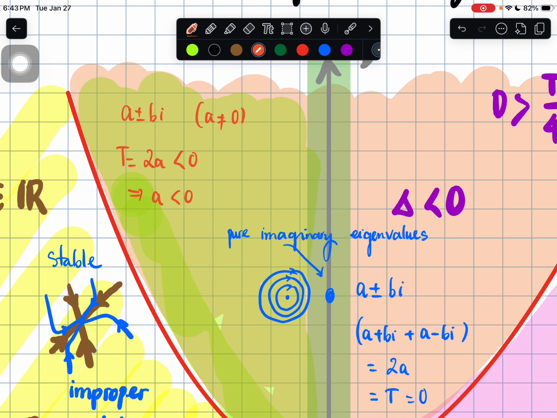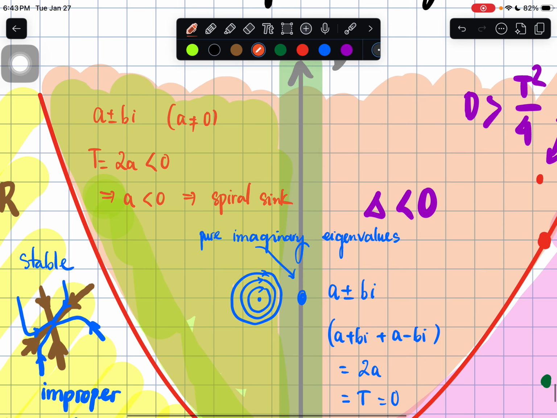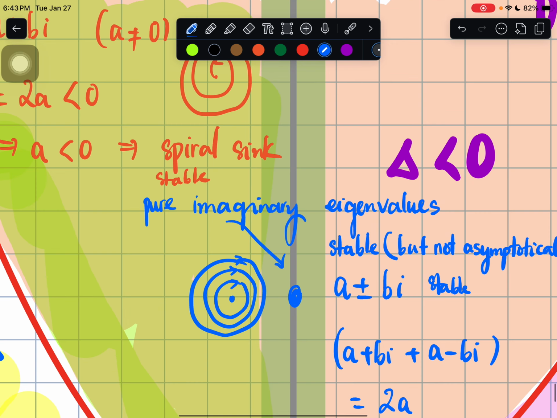So we have a sink, a spiral sink. The picture there would be something like this. This spiral sink is asymptotically stable.